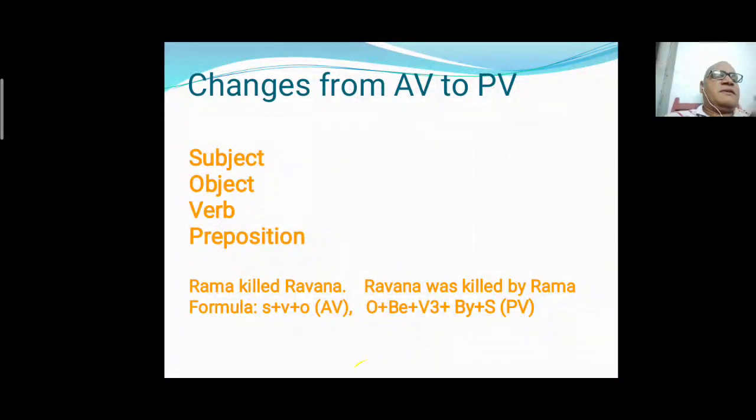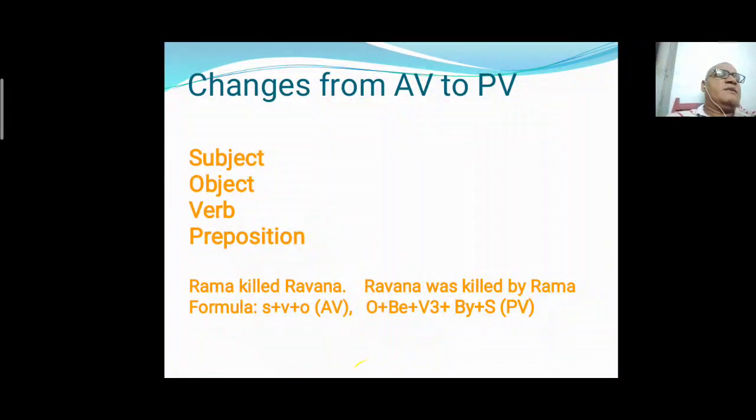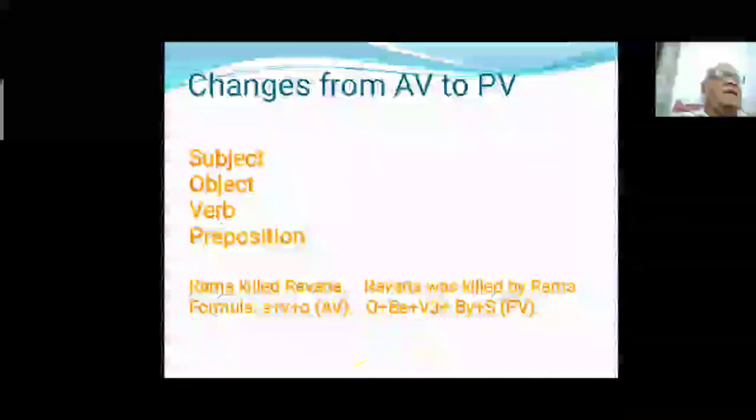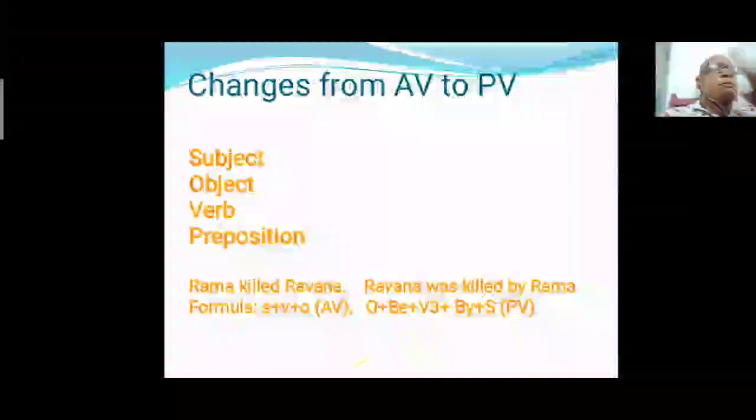In active and passive voices, the sentence pattern is subject, verb, object for active voice. For passive voice, the pattern is object plus be plus verb 3 plus by plus subject. So whenever we change active voice to passive voice, subject will become object, object will become subject, and the verb should be in past participle, and we need to use the appropriate be form depending on the tense.